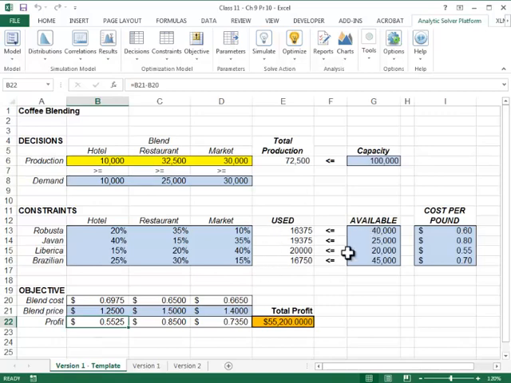And when I look at the beans, I am using the Liberica bean to its limit. It's also the cheapest coffee bean, which again makes sense. I'm trying to come up with a solution that uses the most of the cheapest bean and produces the most of the more profitable blend.